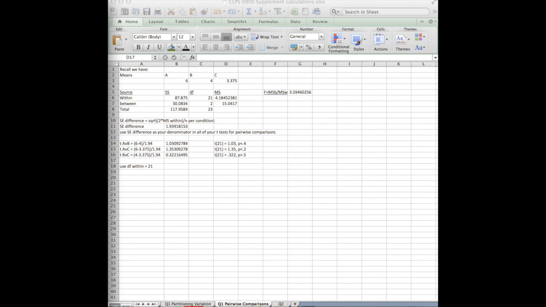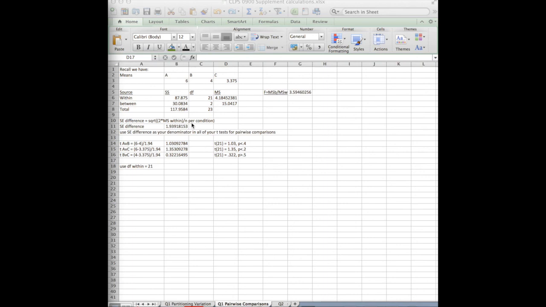So first you would have to find the standard error of the difference. And we give you this formula, and it's the square root of 2 times the mean square within term over n per condition. So that's just 2 times the mean square within, which was 4.18, over n per condition.